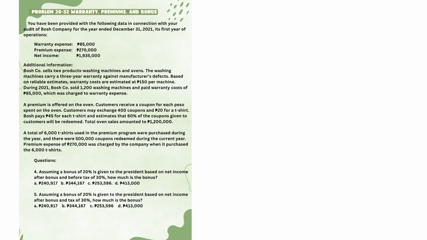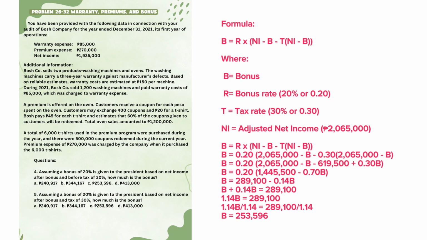And lastly, for question number 5, assuming a bonus of 20% is given to the president based on the net income after bonus and tax of 30%, how much is the bonus? We use this formula to understand this. The bonus is calculated as 20% of the net income after subtracting both the bonus and the tax.